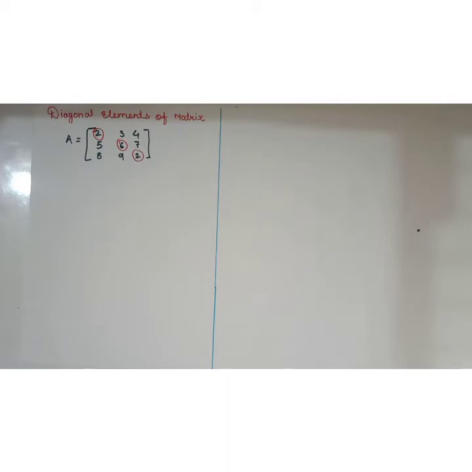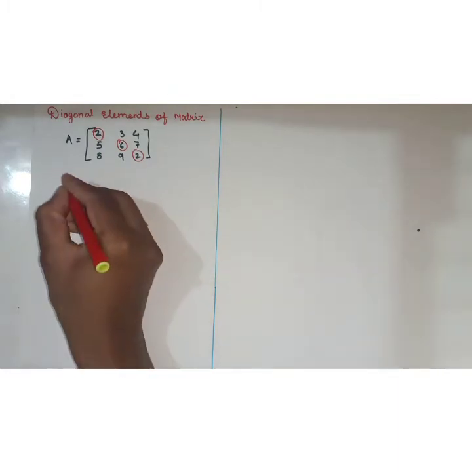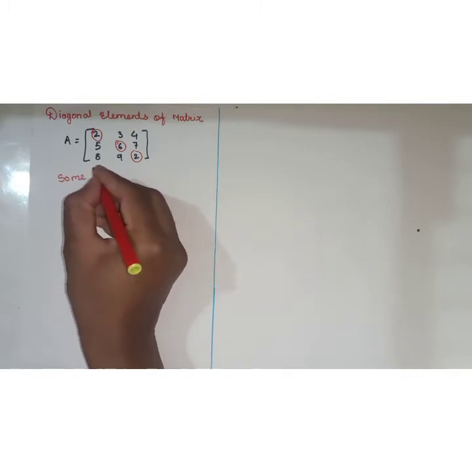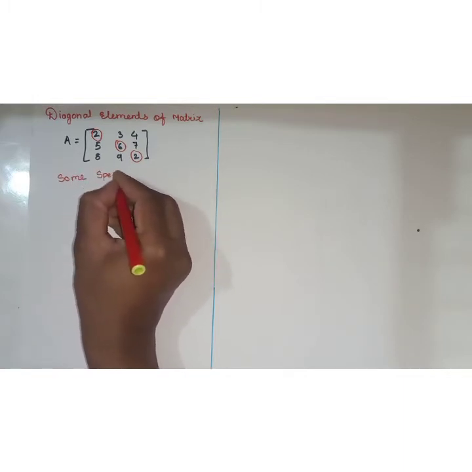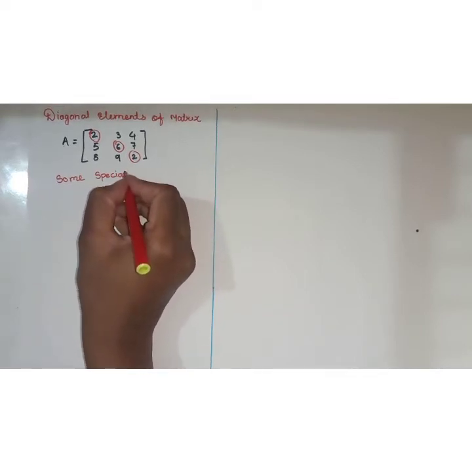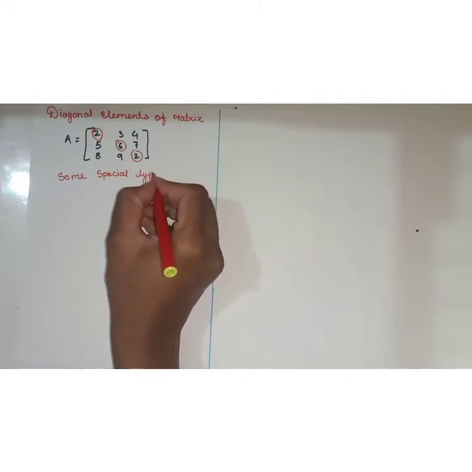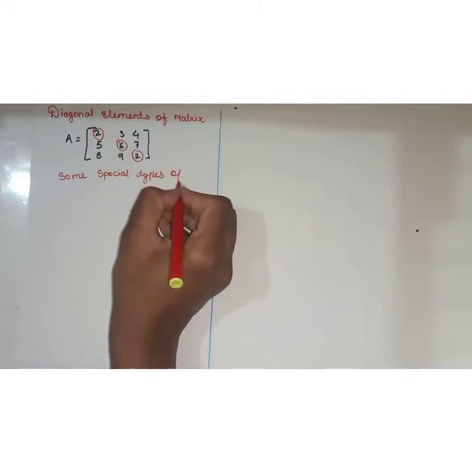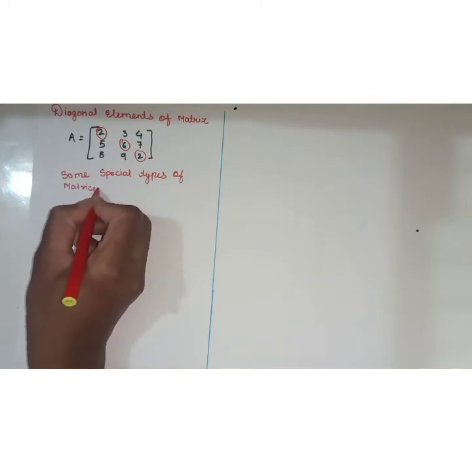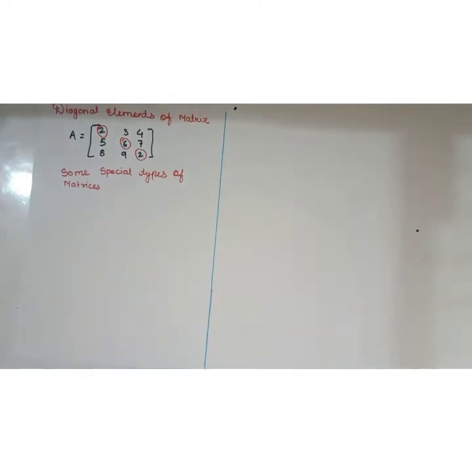Now let's see some special types of matrices. Very first is the row matrix.